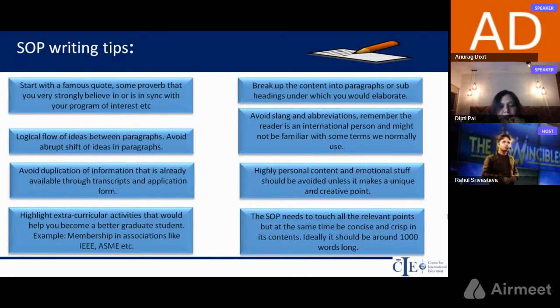For example, Purdue University in the US has a requirement of 500 words, and there is a possibility that another university will have even a 300-word SOP, and some may have other specifications. So try to adhere to those specifications. But if there are no specifications given, we would advise you to keep your SOP around 1,000 words.